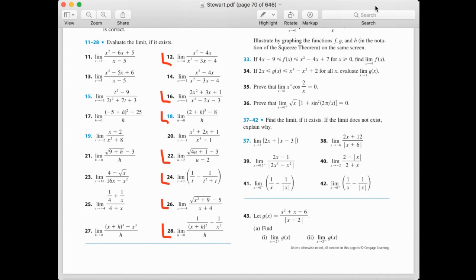And then I get 4u plus 1 minus 9 over u minus 2 times radical 4u plus 1 plus 3, which is 4u minus 8 over u minus 2 times radical 4u plus 1 plus 3.